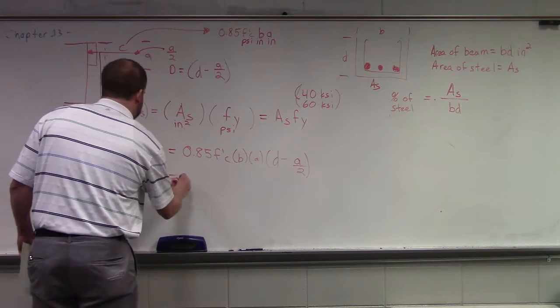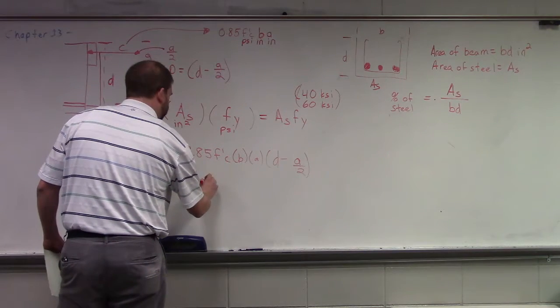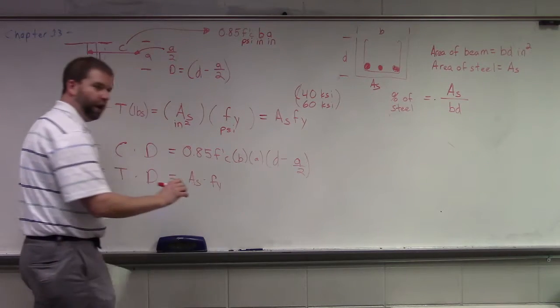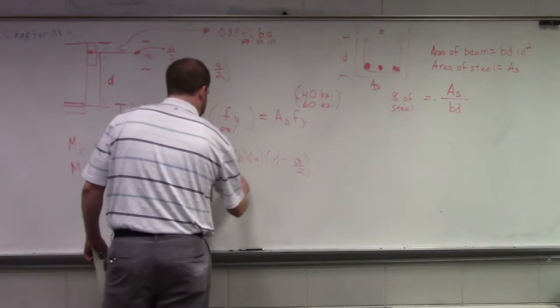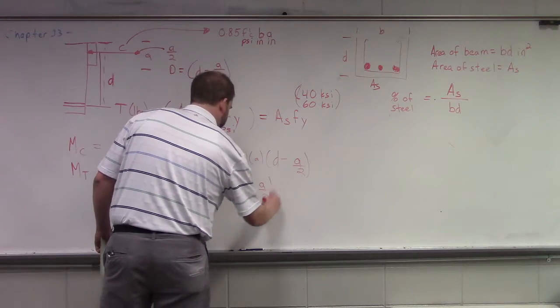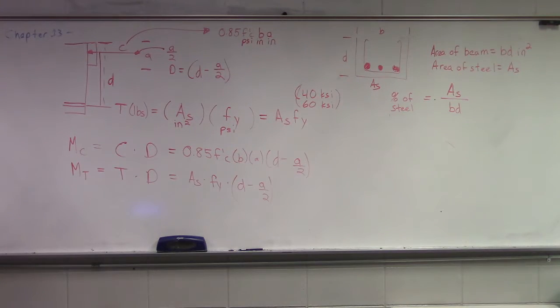Our moment of tension is going to equal our area of steel times our yield strength times this D minus A over 2. Yep, that's an A, not a 9.